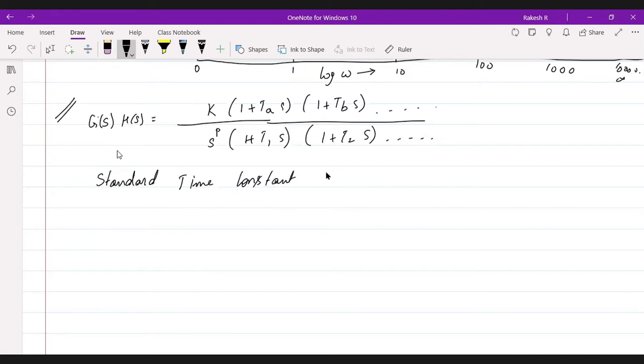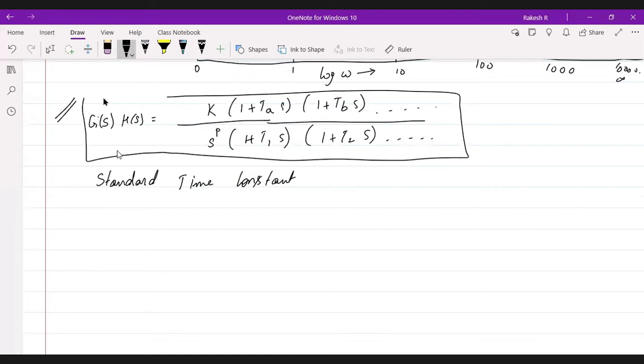What do you need to do? Whenever a question is given, you need to compare the complete equation with the standard time constant form. This is the basic.